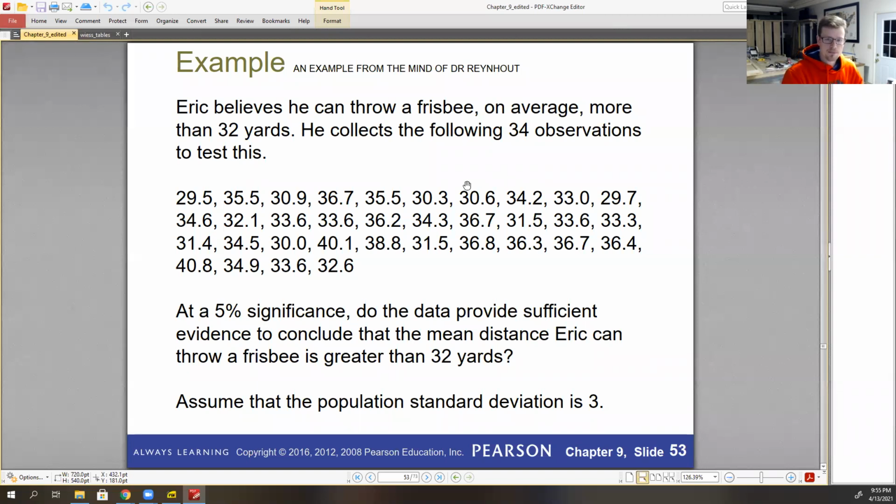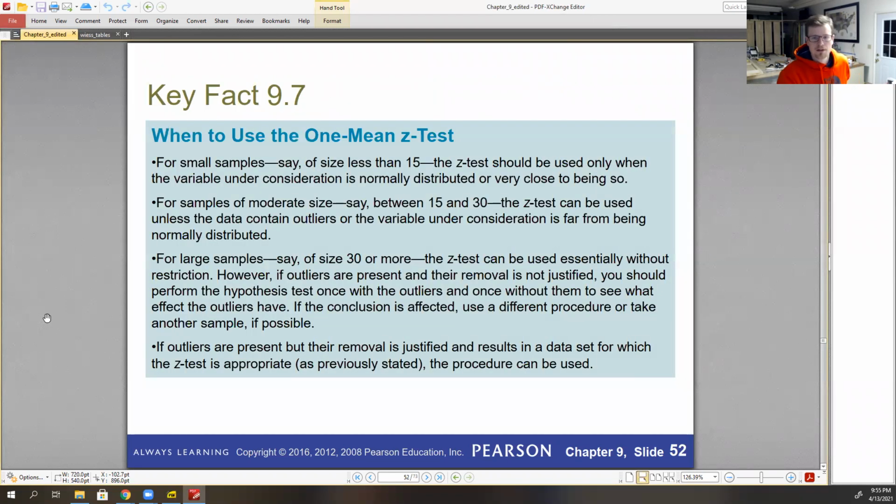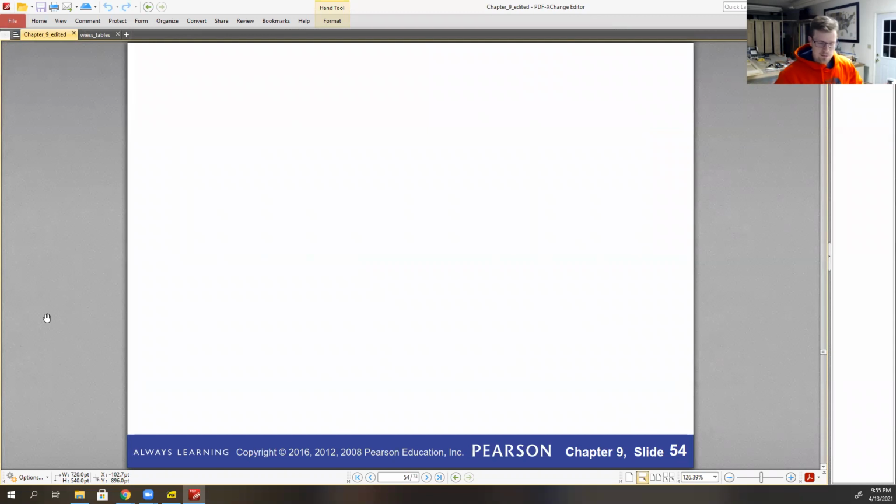All right, the assumptions are that it's a simple random sample, a normal population, and that the standard deviation is in fact known. And we do have those things. So we want to make sure that we state it as well. So let's move back to our example here. And I'd just like to make sure it's clear what we're doing here.